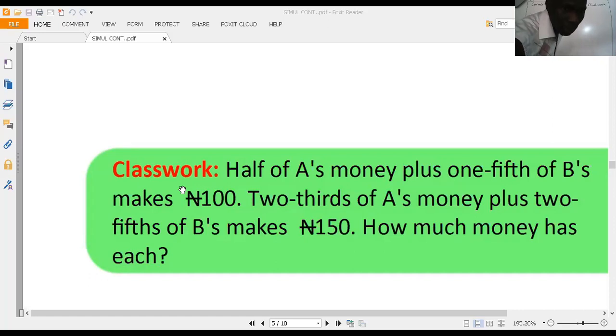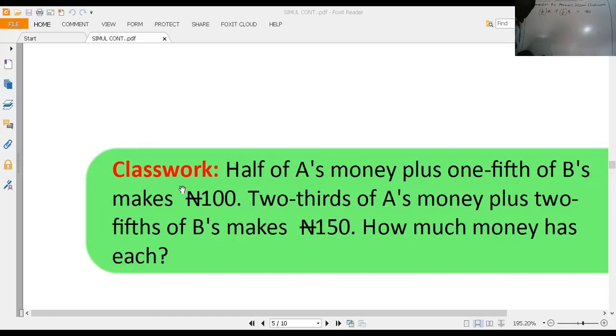Okay, so you are given that half of A's money plus half of 1/5 of B's money makes 100 naira.